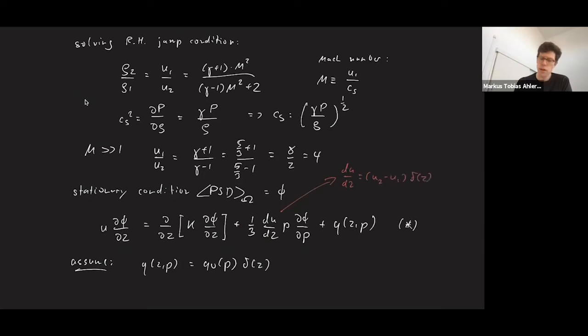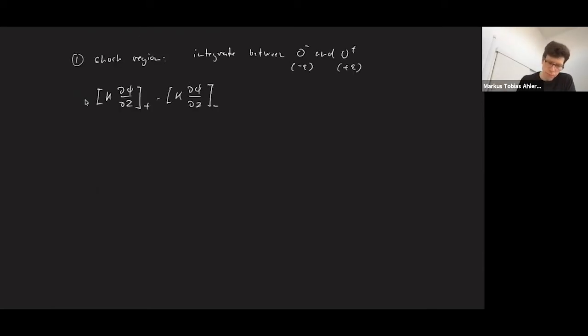So there will be a jump in velocity across the shock according to the Rankine-Hugoniot jump conditions.